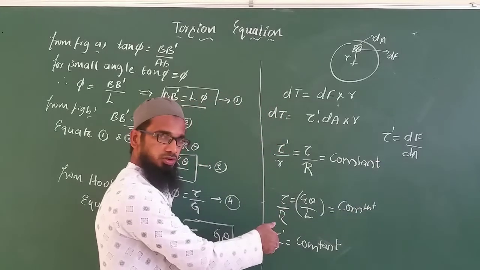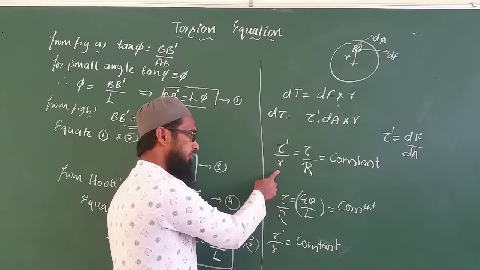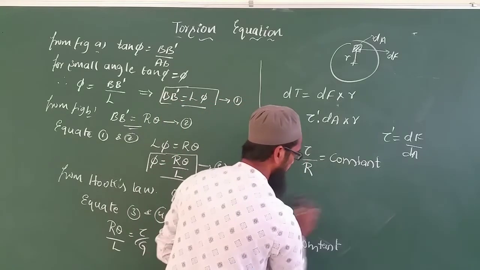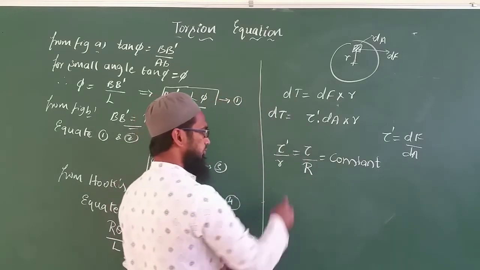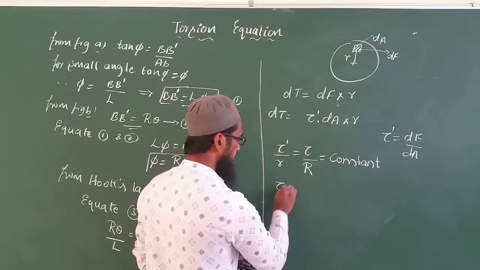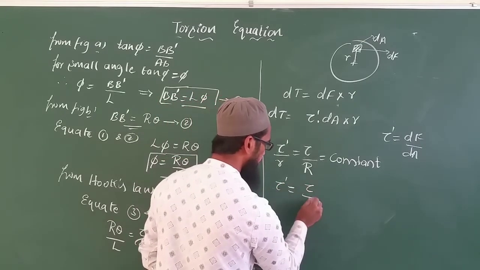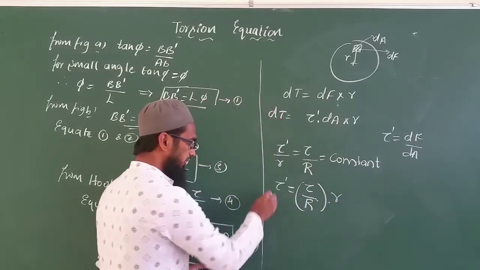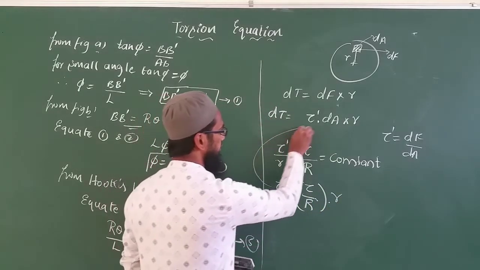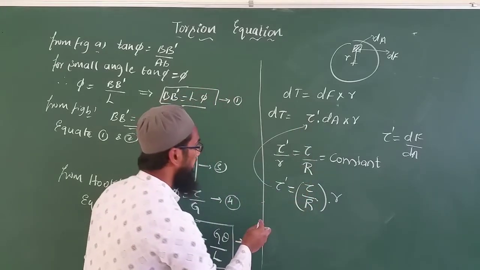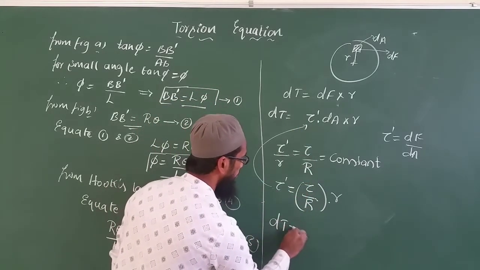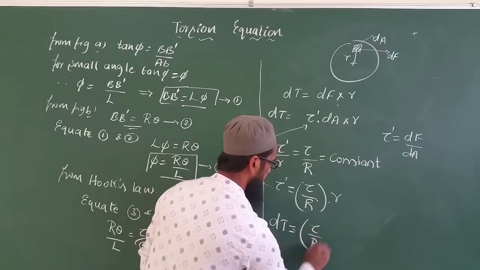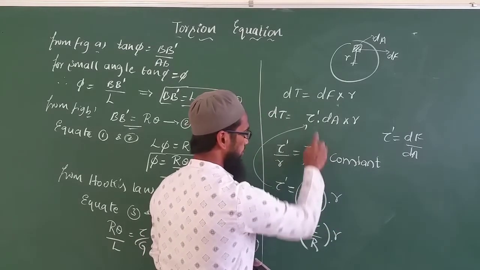By using this concept, tau dash I can write as tau by r into r. So I will substitute this tau dash in this equation. Therefore dT is equal to tau by r into r, this is our tau dash.